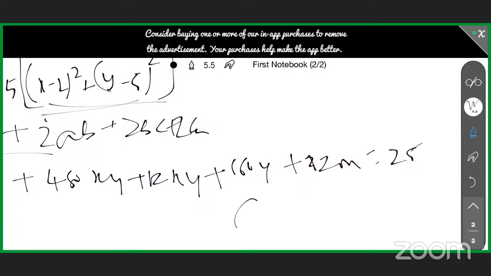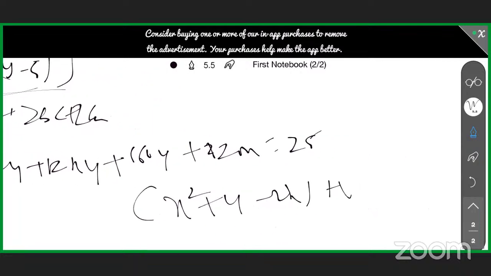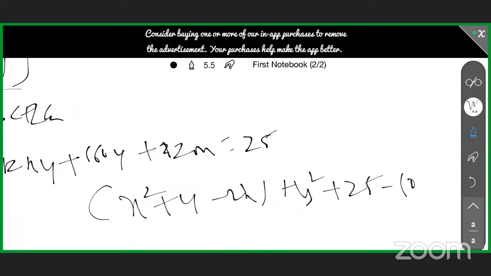225. This one we expand: x square plus 4 minus 2x plus y square plus 25 minus 10y. Now simplify this and go. So you'll get an equation in the form of what we discussed in the transformation of equations, for a straight line itself. We discussed second degree equation, no? That it will come.